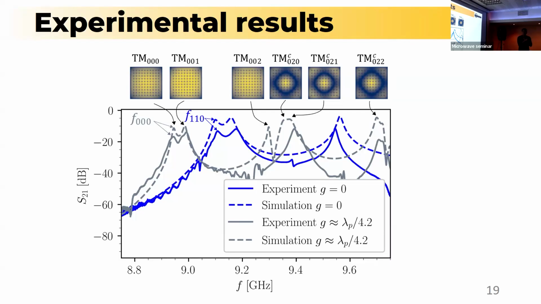In addition to the experimental results coming from the prototypes, we have some simulation results made in CST, which have the same conditions as the experiment. Yes, so we can see the following behavior. We can see that in our λ/4 shifted cavity, the resonant frequency is red shifted with respect to the G equal to 0 case. That's one of the details.